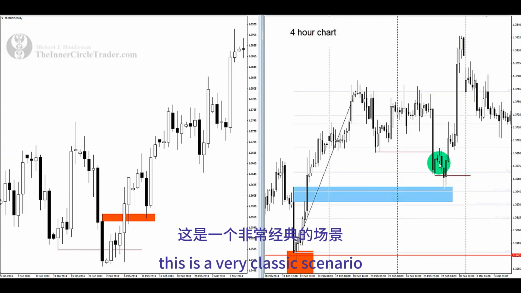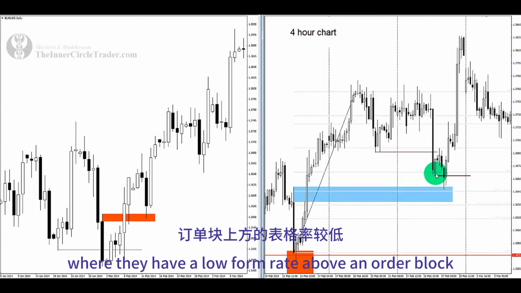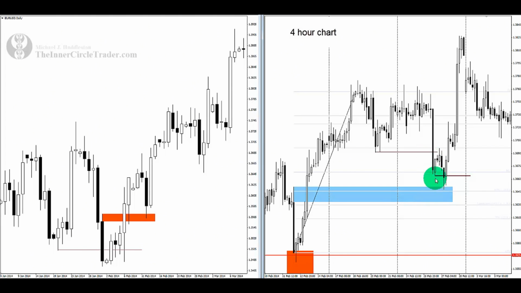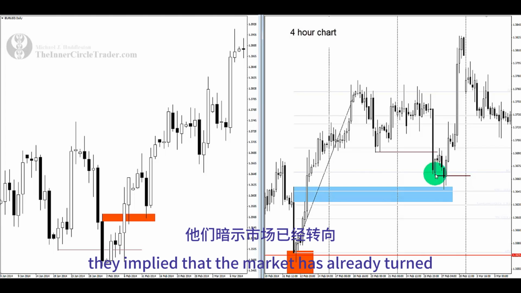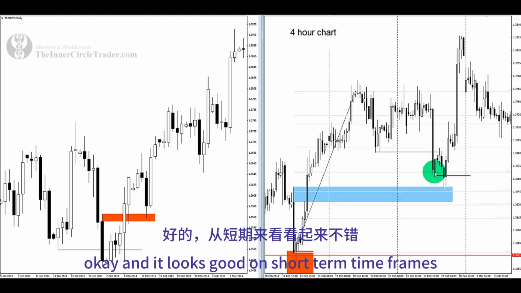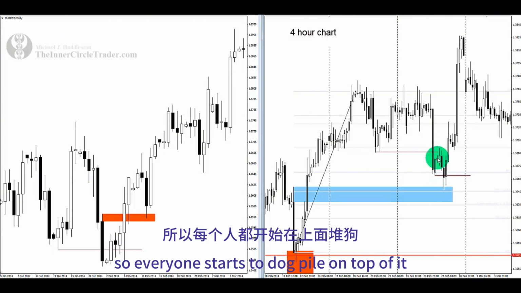This is a very classic scenario where they have a low form right above an order block, which I referred to earlier in this series as crouching above an order block. They imply that the market has already turned, and they show a sharp little rally away, and it looks good on short-term time frames. So everyone starts to dogpile on top of it.